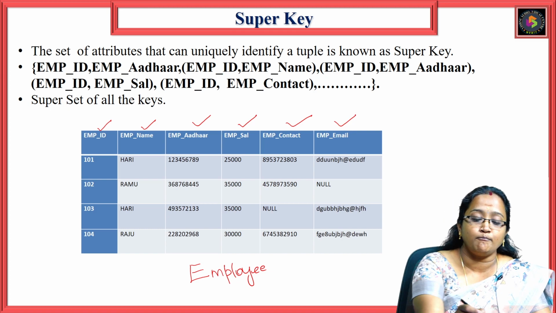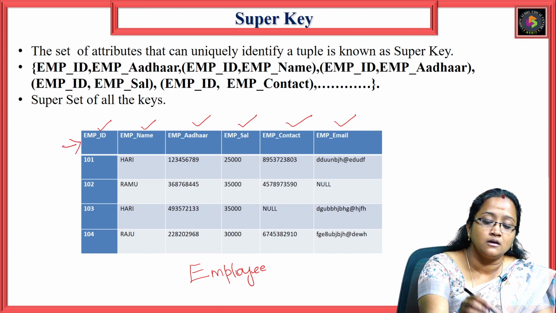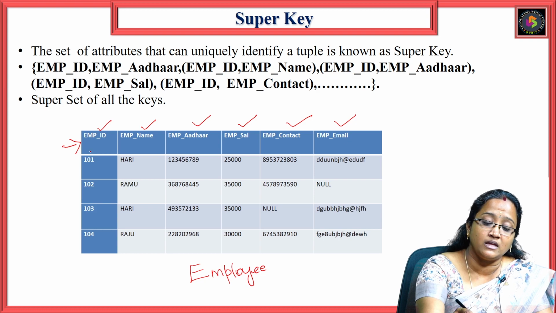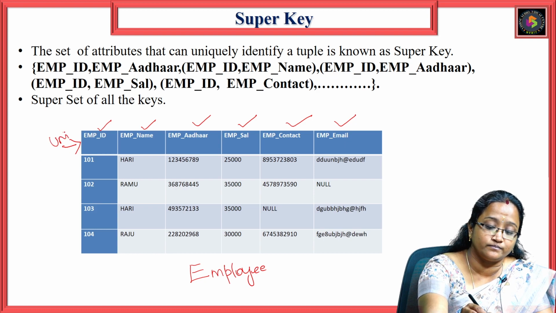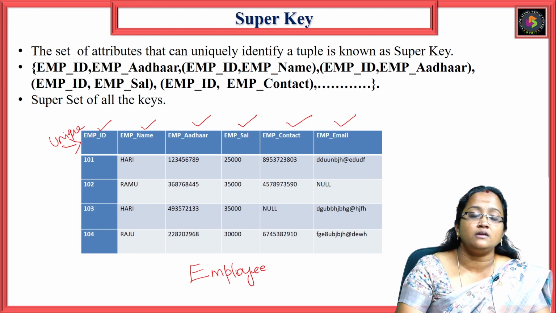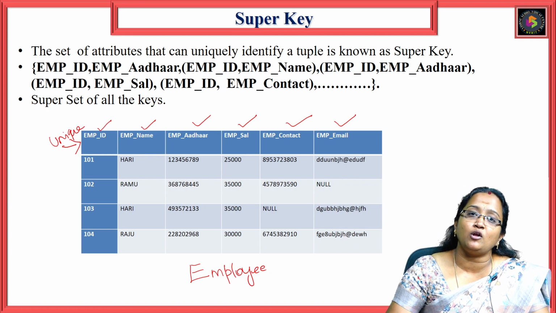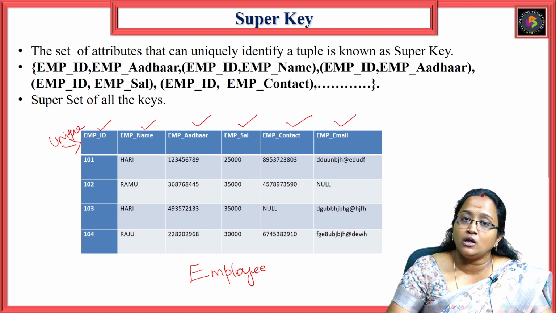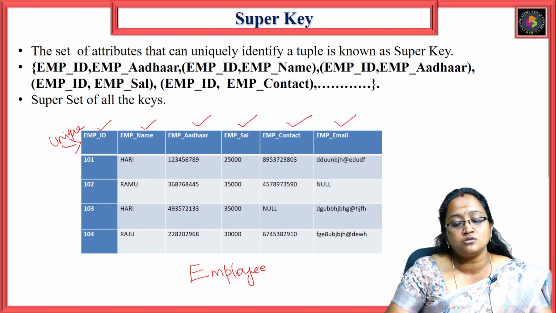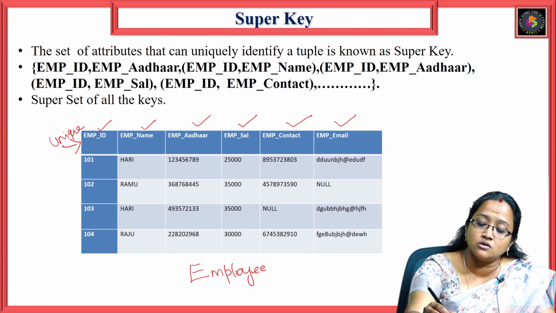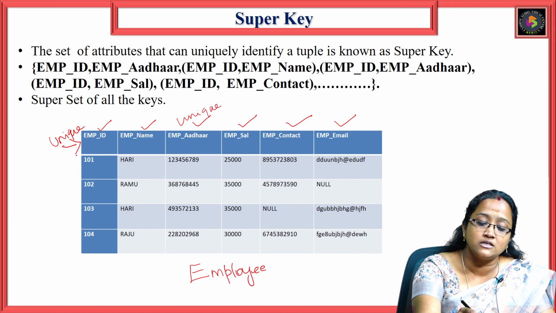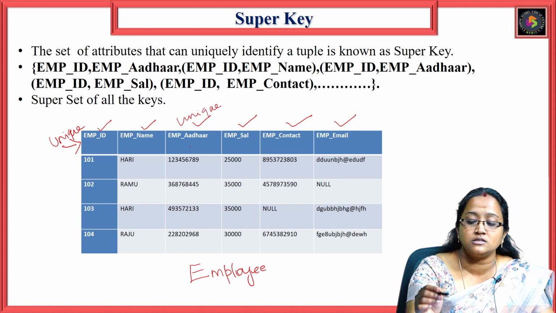Here employee ID is unique, so it will have unique values. Employee name is not unique because a number of persons can have the same name. Employee Aadhaar is also unique. Employee ID is unique, employee Aadhaar is unique.